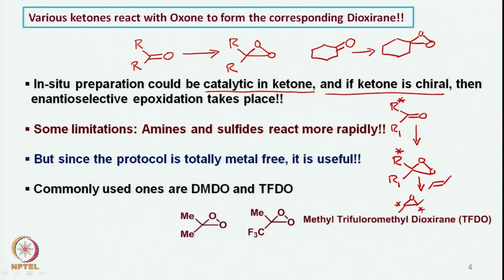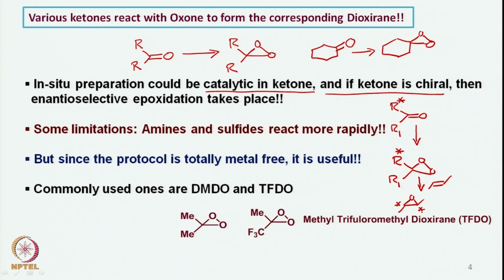Therefore it is nice to see that after the transfer of the oxygen to the double bond, when the epoxide forms, the ketone, which in this case will be chiral, can be recovered and reused in situ. In situ means inside the reaction, it will continue to keep on generating the chiral dioxirane.